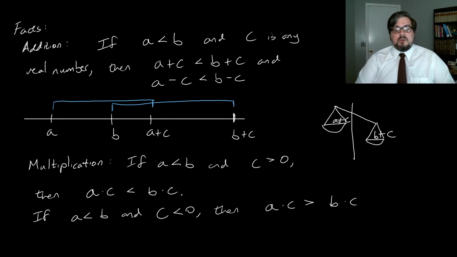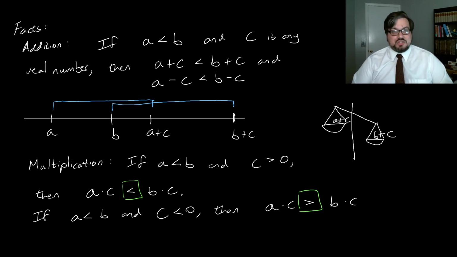In both of our conclusions, for the positive and the negative case, we have A times C on the left, B times C on the right, but the difference is that the direction of the inequality has changed.